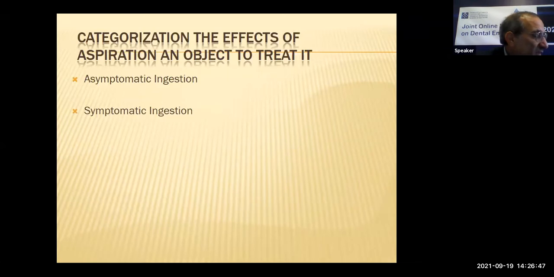To treat a solid object during the dental procedure, it must be categorized according to the symptoms.